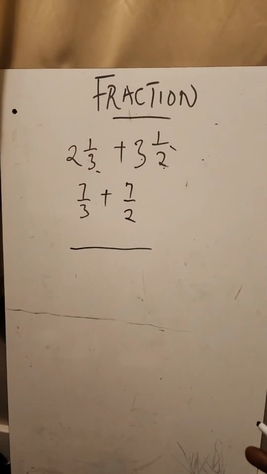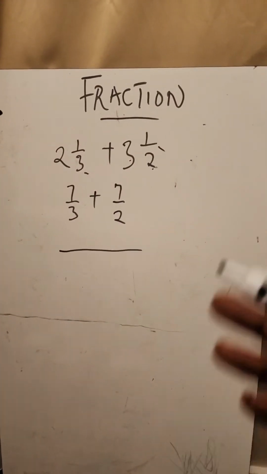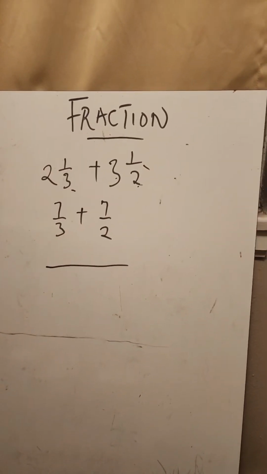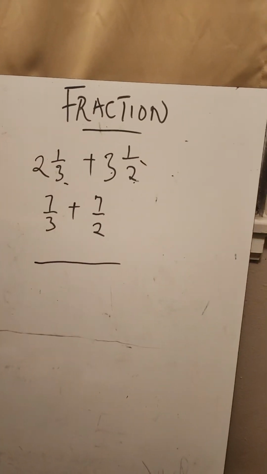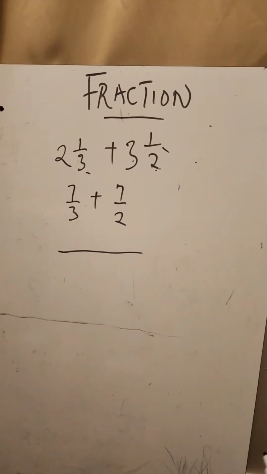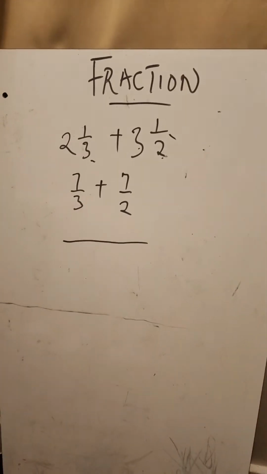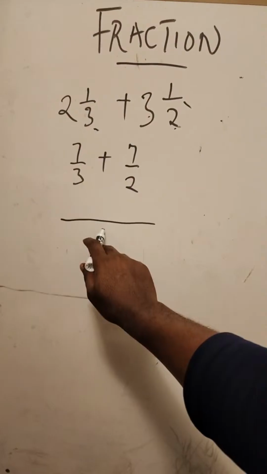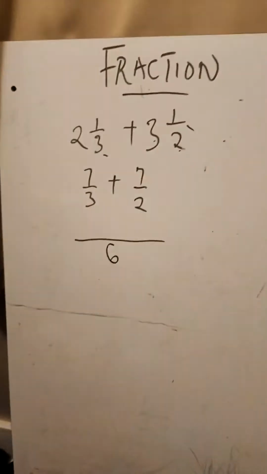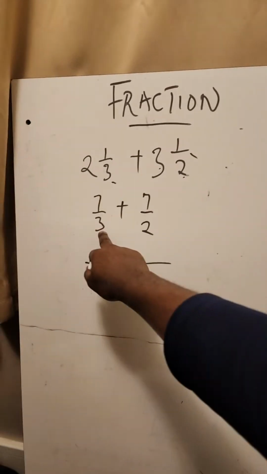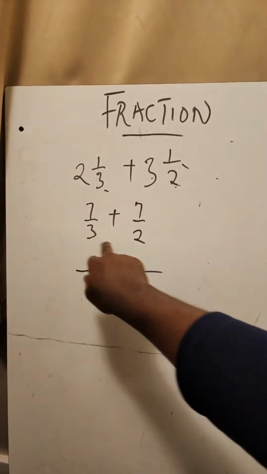You can multiply both terms with a multiple of 3 and 2, which is 6. But at the same time, you can do this by saying this is 6, multiplying the denominators together.